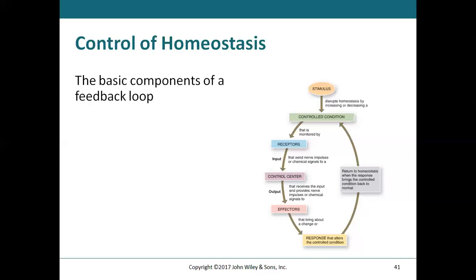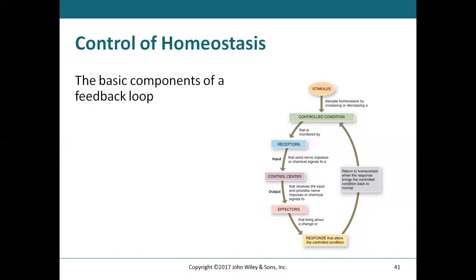There's going to be some kind of cellular signal response that gets output to the effectors. They're able to mitigate or change that particular stimulus disruption that the body is being exposed to. And so you're going to have a response that alters the controlled condition, and then hopefully you can return to homeostasis.